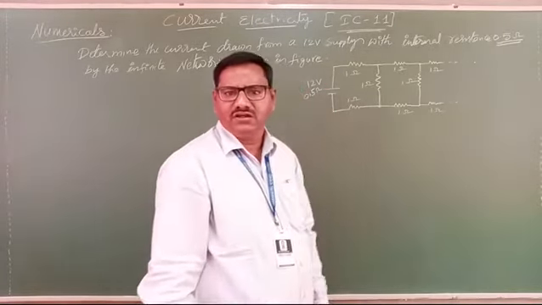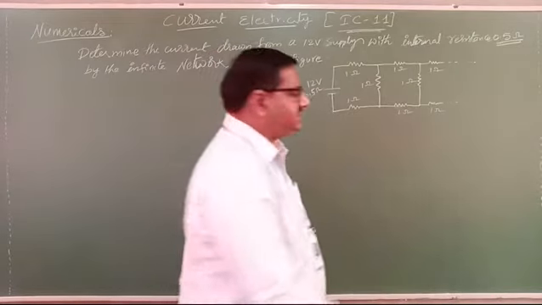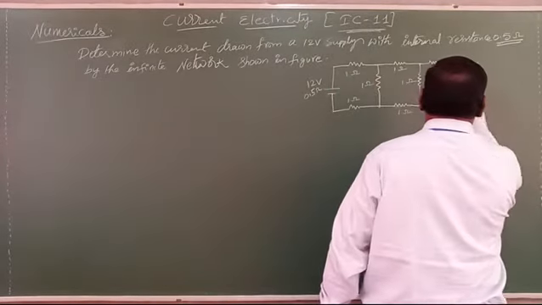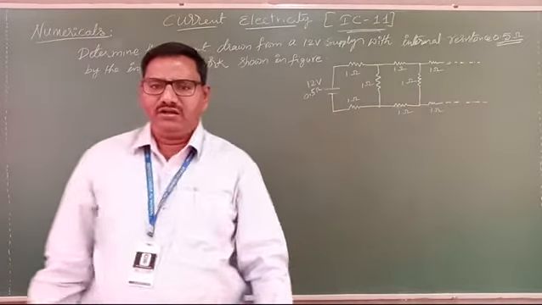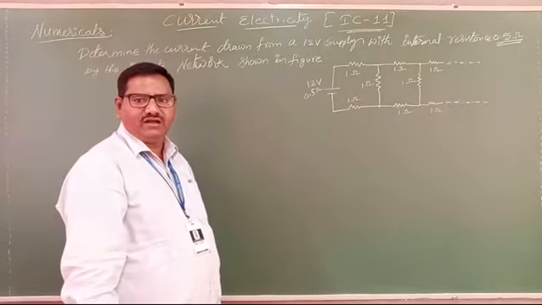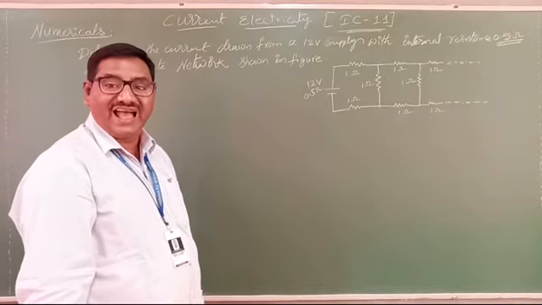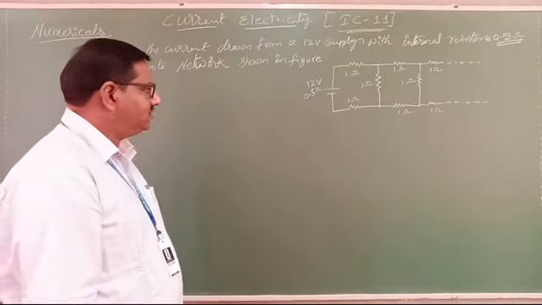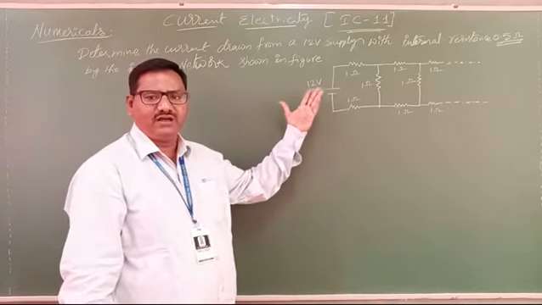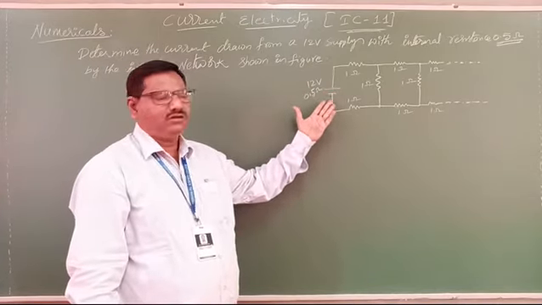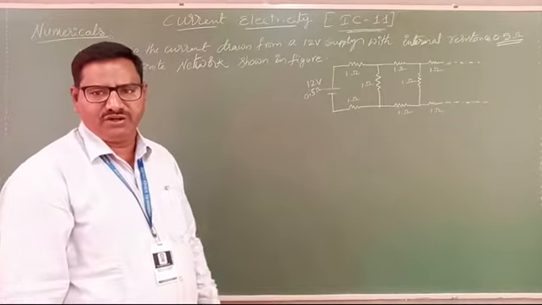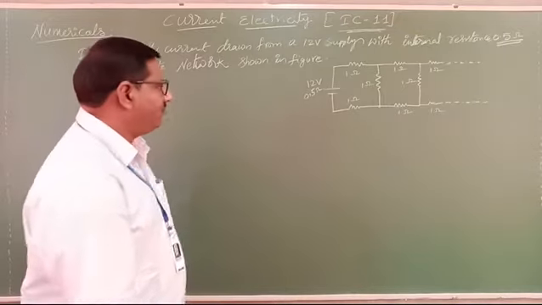That means the circuit is an infinite circuit. First we need to measure that infinite circuit's effective resistance. Then after, by applying Ohm's law, we will measure the current here. Very, very simple. According to Ohm's law, what can you write?